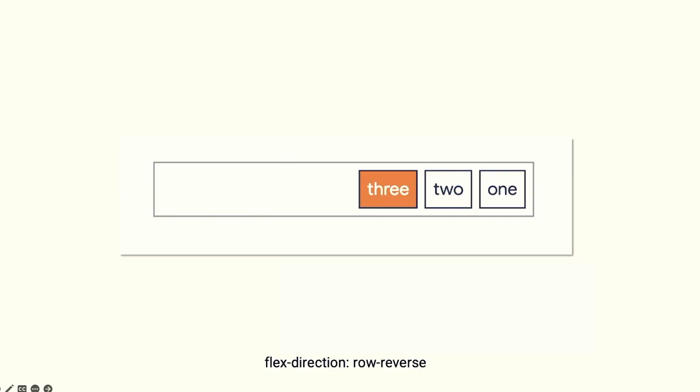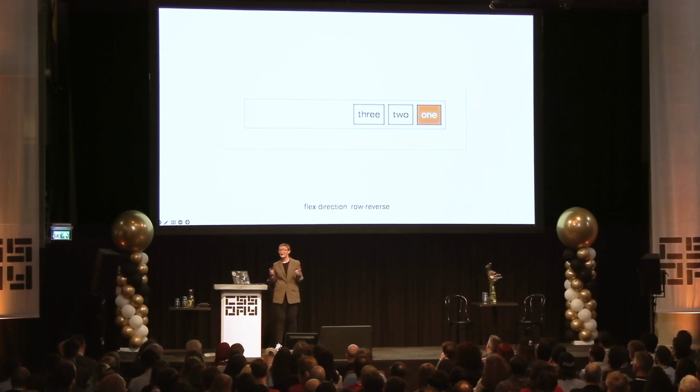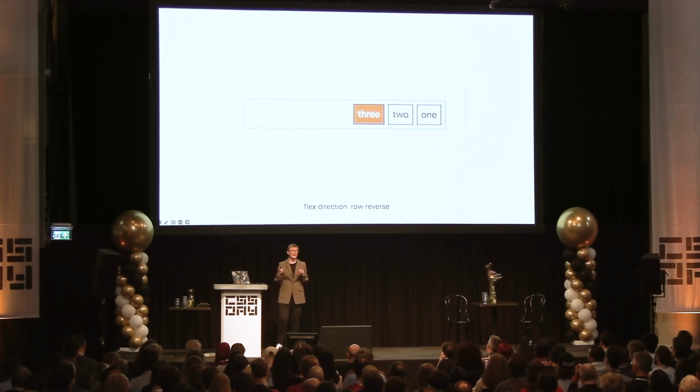Because if you're in a left-to-right language, such as English or Dutch, when you use row reverse, the main start and end get switched, so they run in the opposite direction from the normal text direction. So the items line up at the right, and their flow order goes from the right. Now, if you were using reading order, that might be what you want. You might want things to go from the right to the left.